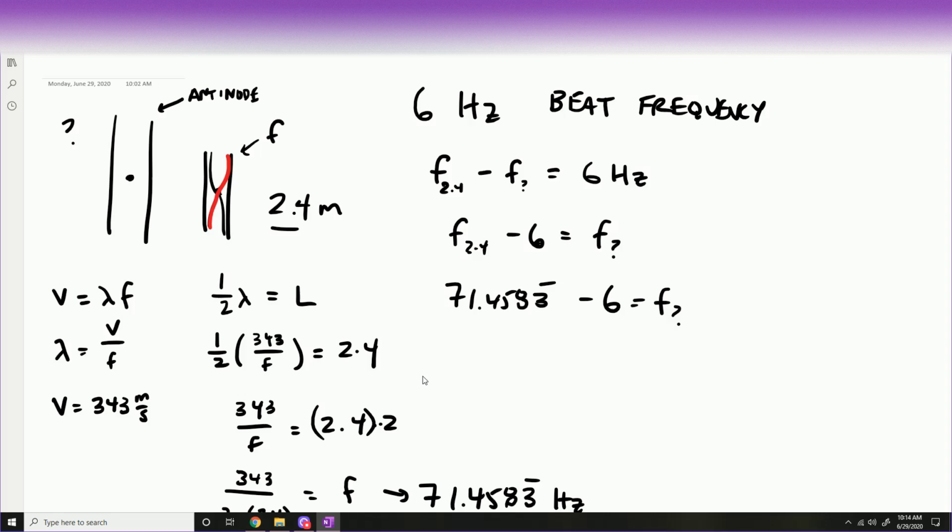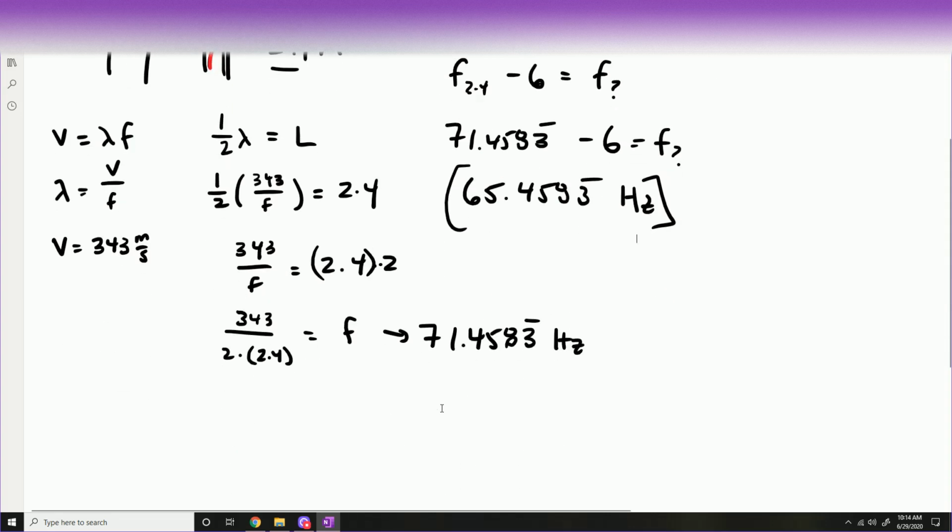And when I subtract 6 from that, I get a frequency of 65.4583 repeating hertz. And then we need to plug this back into our equation here and solve for what the tube length is going to be. So the equation is that the length is equal to 1/2 the wavelength.